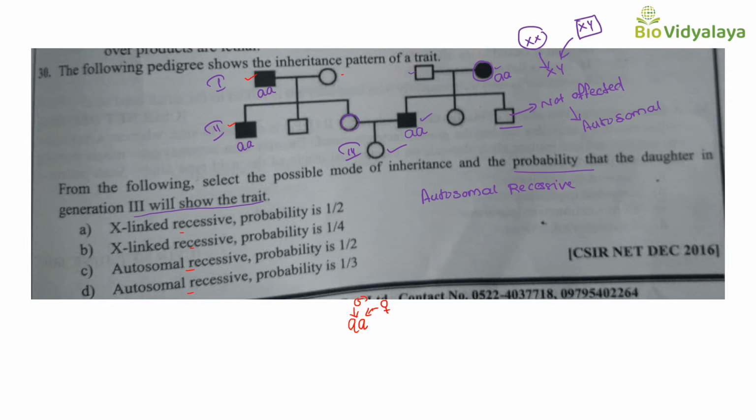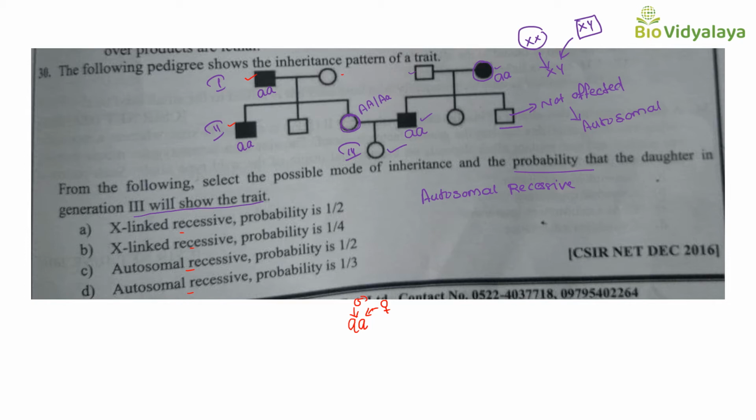But here we don't know the genotype of this mother. That may be homozygous dominant or heterozygous, isn't it? So we have to find the probability that this mother is heterozygous.